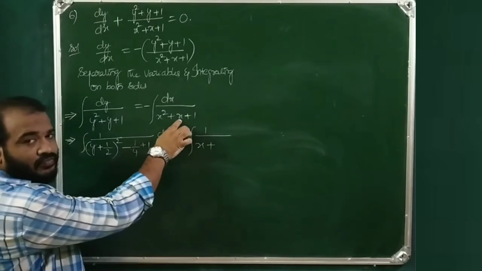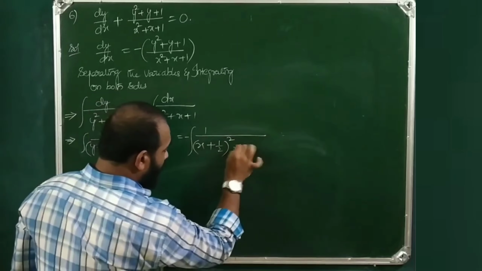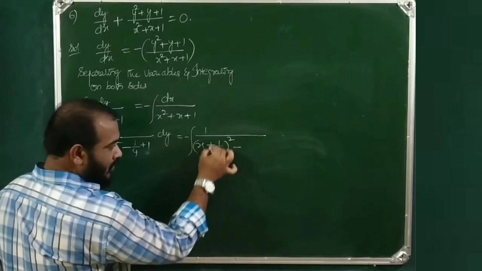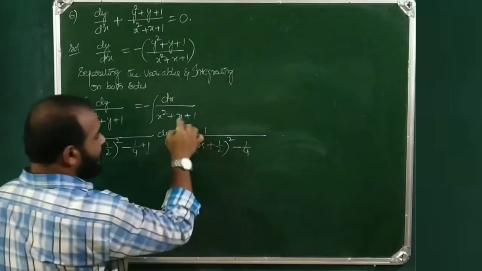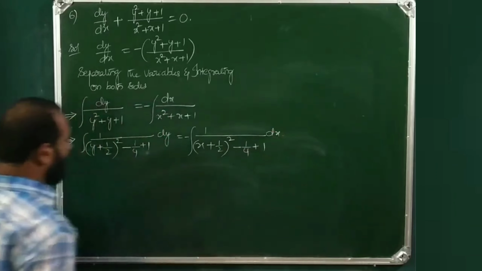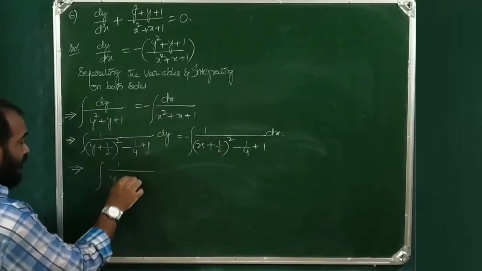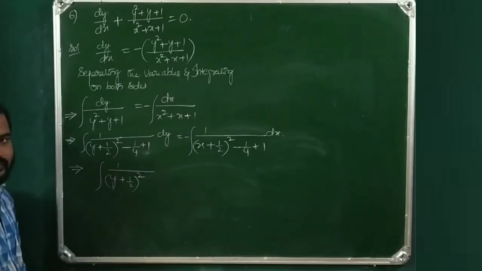So the coefficient of x is 1. Take half of it, complete the square. Outside, minus you write and take the square of it and write here. So 1 by 2 whole square is 1 by 4, plus 1 is as it is here itself. So dx. This is equal to 1 by (y plus 1 by 2 whole square, plus 4 ones are 4 minus 1, 3 by 4).